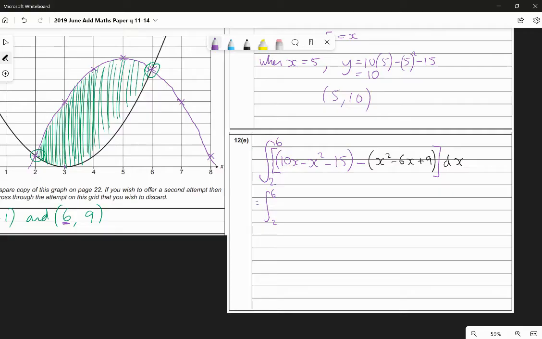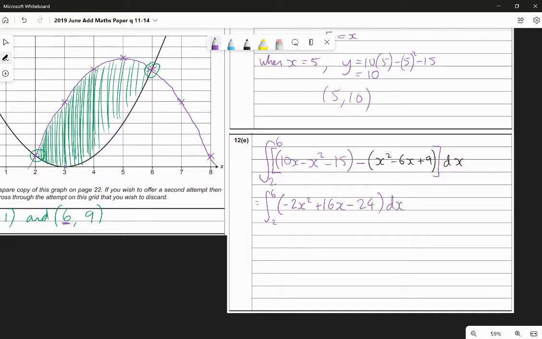So negative x squared, take away another x squared is negative 2x squared. 10x minus 6x is positive 16x. Minus 15 minus positive 9 is negative 24.